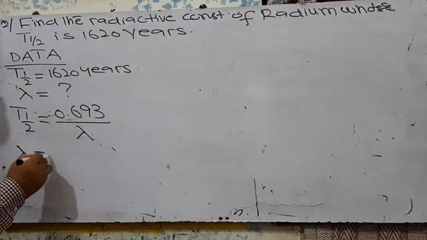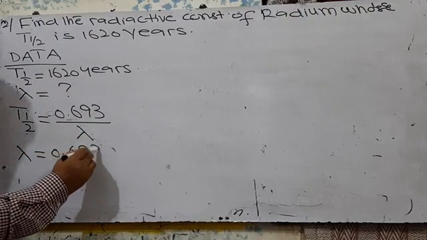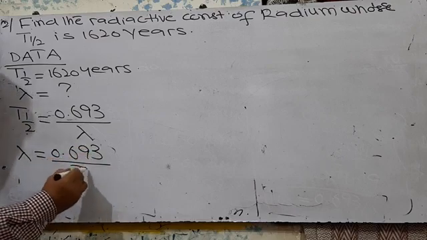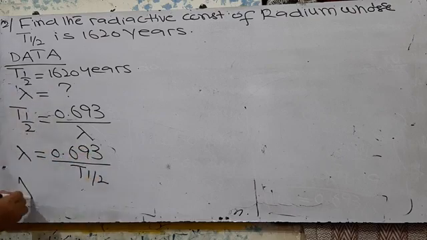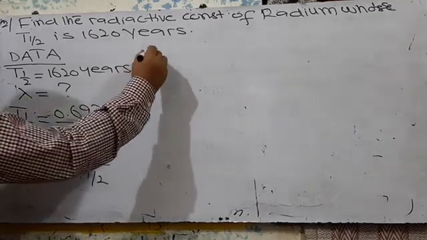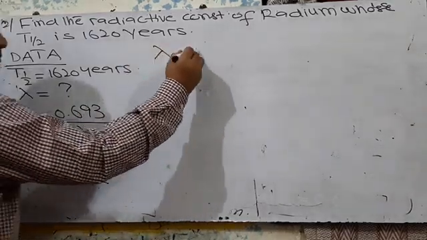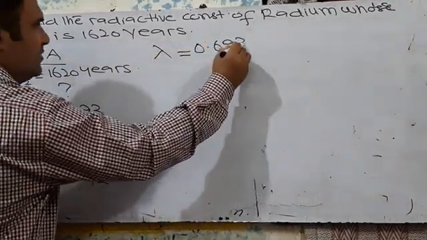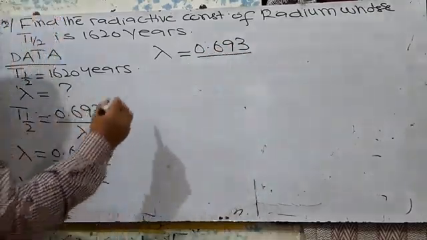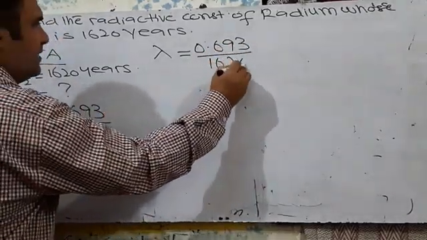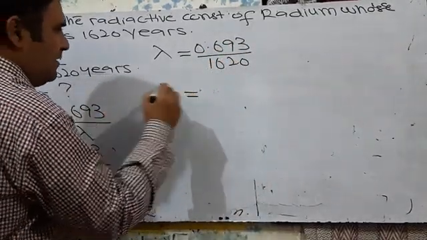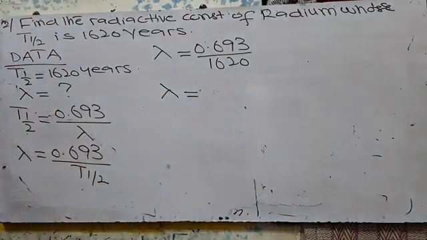So lambda is equal to 0.693 divided by T1/2. So lambda is equal to 0.693 divided by 1620. We will solve this.